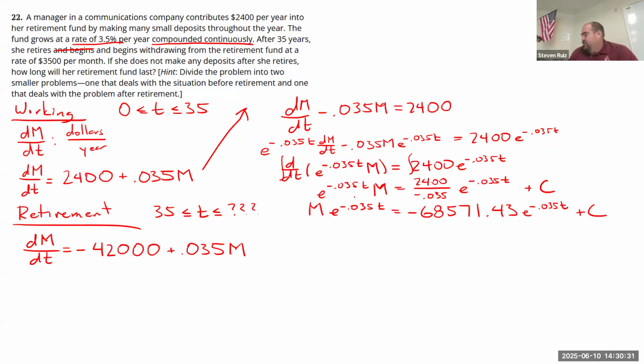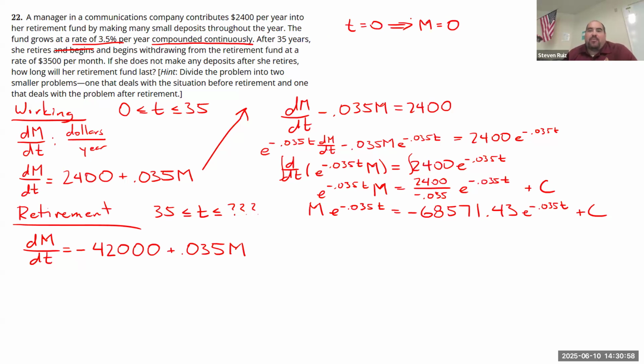Okay. So let's go ahead and pause here. I have enough information to figure out c, because I think I'm told, or am I told, or is it just strongly implied? I think we have to assume that when t equals 0, we're not told that her company preloads her retirement account or anything.